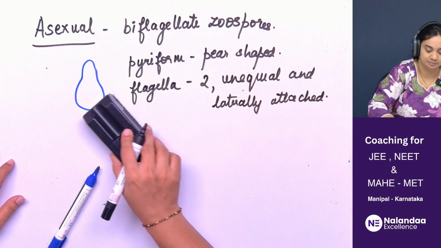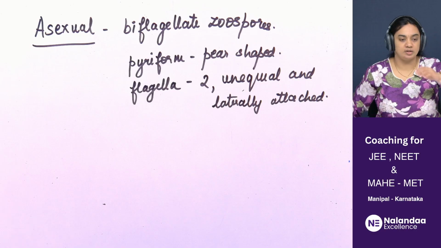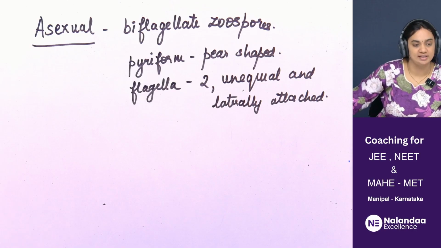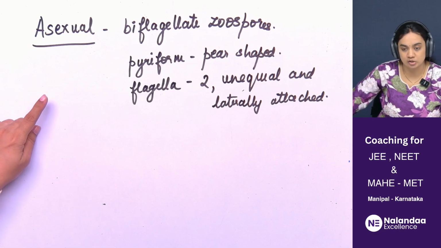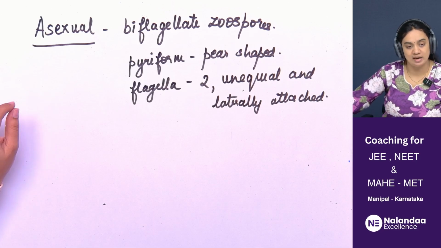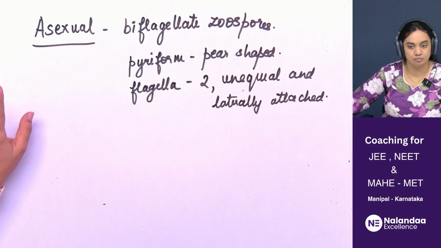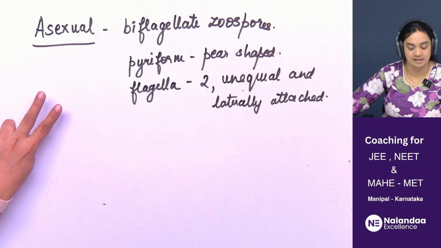What does that mean? See, this is the difference between the spores and gametes of Chlorophyceae and Phaeophyceae. So the zoospores are number 1 biflagellate, not 2 to 8, only 2 flagella are present.